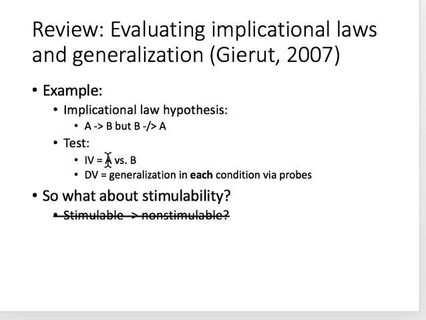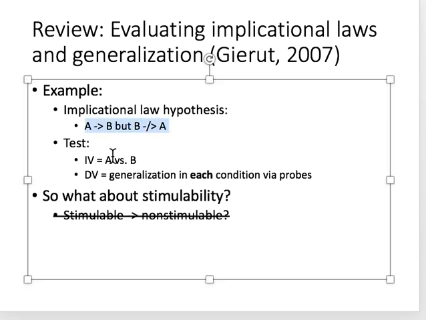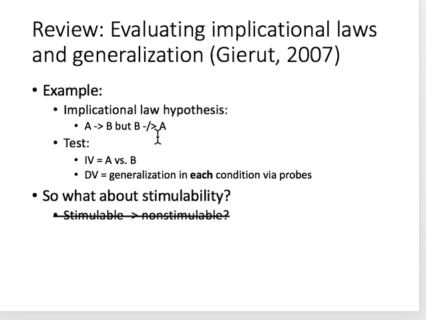And that way we can say, oh, look, all of the kids that got sentence therapy showed gains in both sentences and words, whereas the children that only got words showed gains only in words and not in sentences. And that is how we evaluate. That is the process by which we evaluate whether this is true. That is the exact research design that you would employ to assess this particular implicational law.